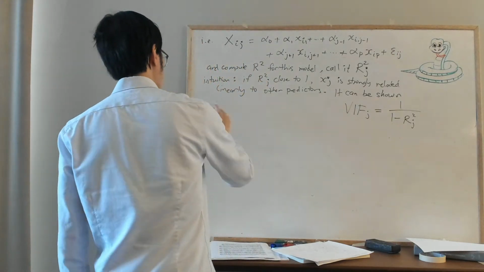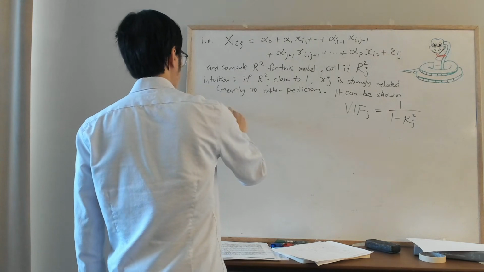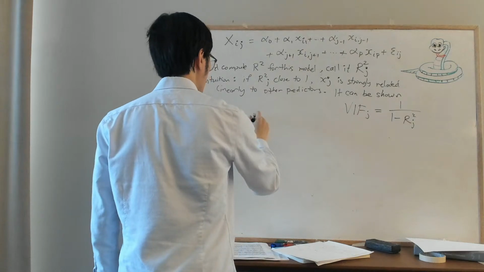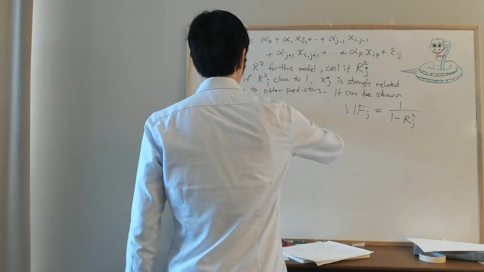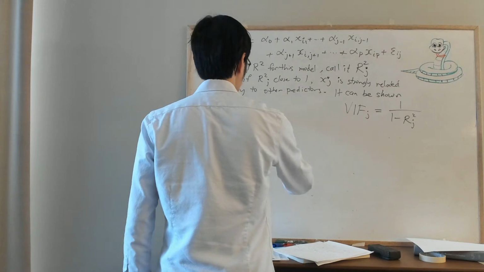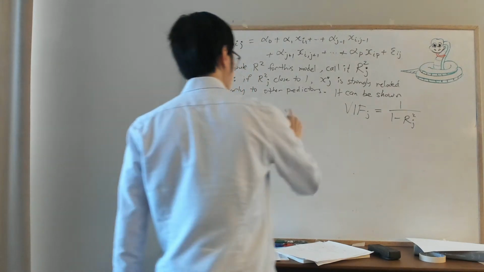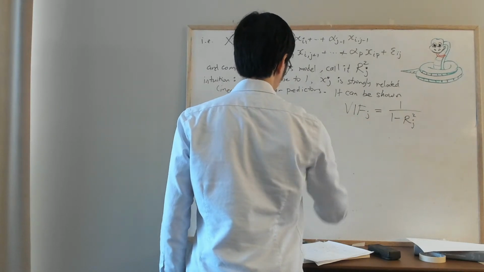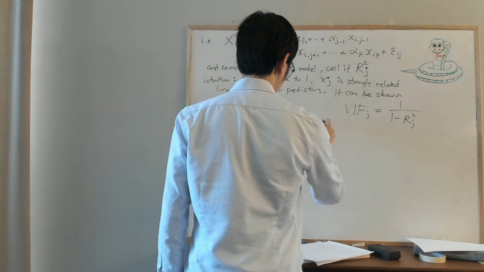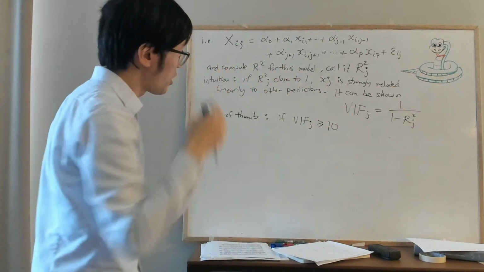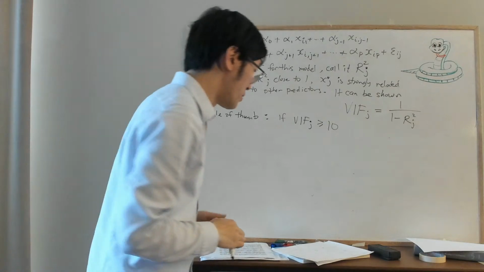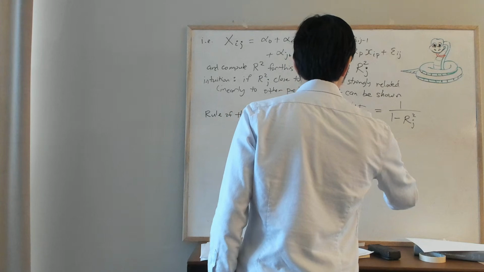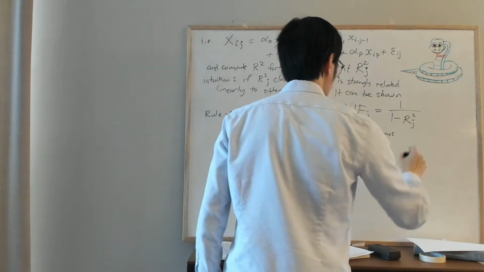As a practical rule of thumb, what do we consider to be strong multicollinearity? Many books will recommend that if the VIF for any particular predictor j is greater than or equal to 10, that would be considered quite strong multicollinearity. We have serious multicollinearity.